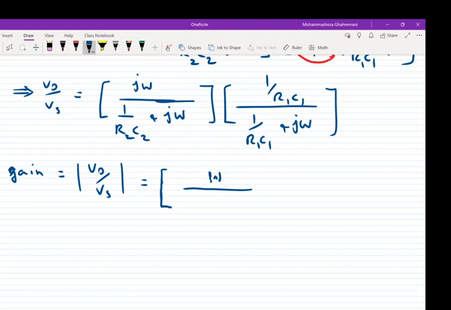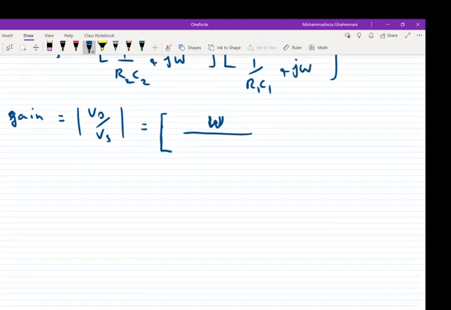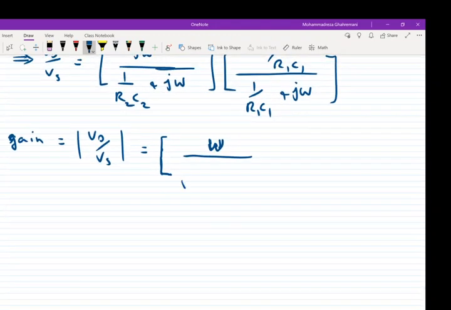For the denominator, we can write it like this: square root of (1 over R2C2) square plus omega square.